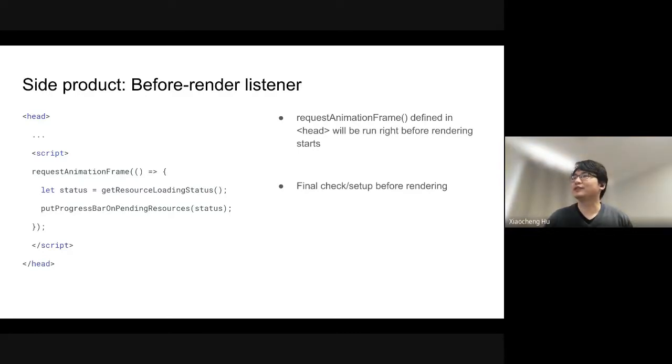The listener just needs a requestAnimationFrame callback registered in the document head, so that when the callback fires, it's at the first rendering cycle. With this callback, we can do things like examine when the first rendering starts, or examine what resources are loaded when rendering starts, and even put progress bars, whatever.